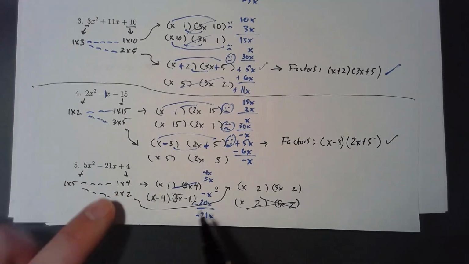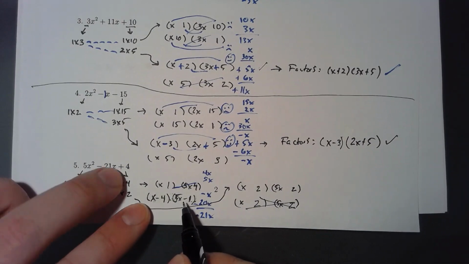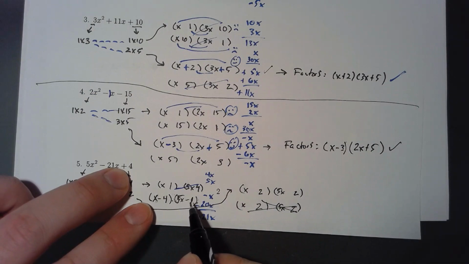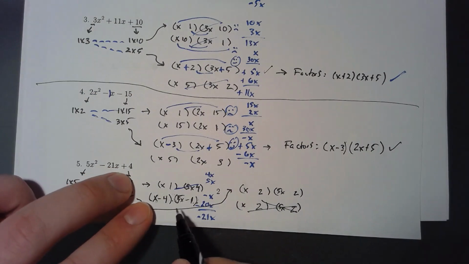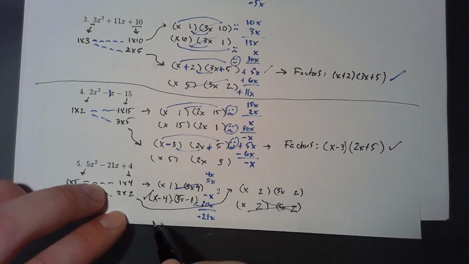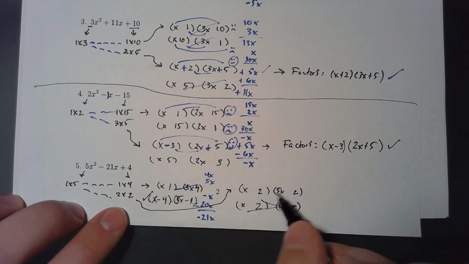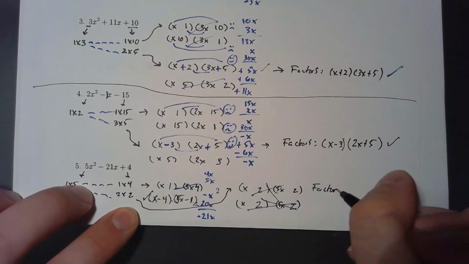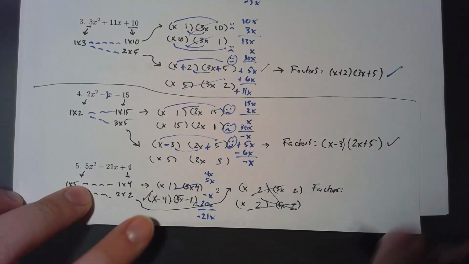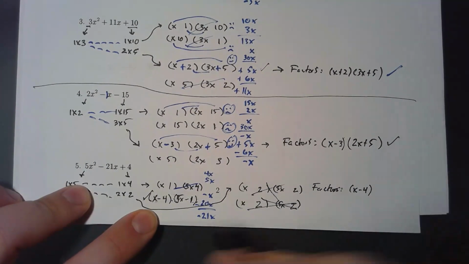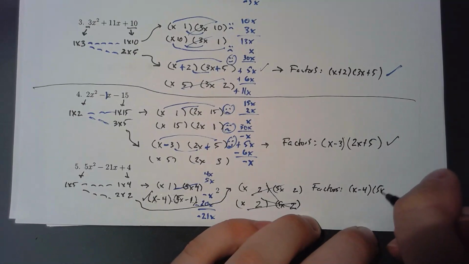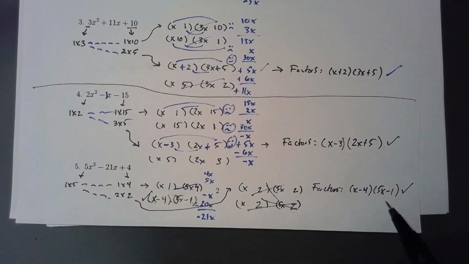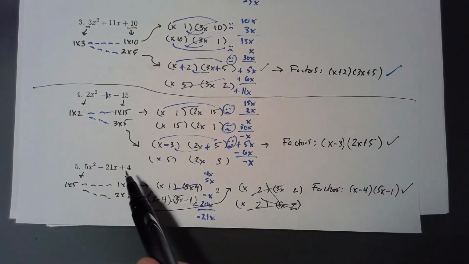Now the only thing I have to see is if the last 2 terms multiply to give me this number. So negative 4 times negative 1 is positive 4. Ha! So that works. So I don't have to check this one. So my factors are indeed x minus 4 and 5x minus 1. And again, if you FOIL this out, you should get back this.